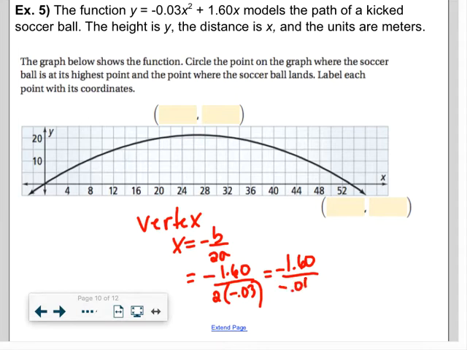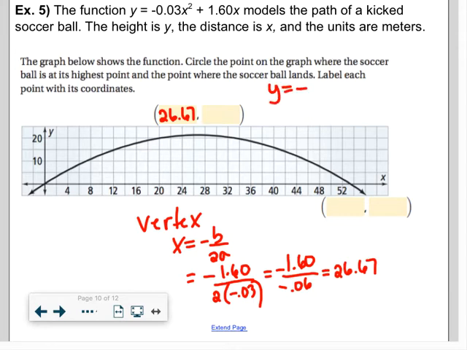That's going to give me a negative over a negative, which is positive. And then I'll take 1.6 divided by 0.06, and I'm getting 26.67. That is the x-coordinate of the vertex.